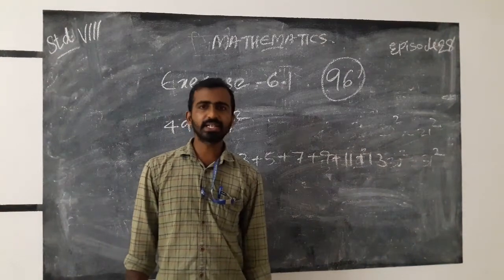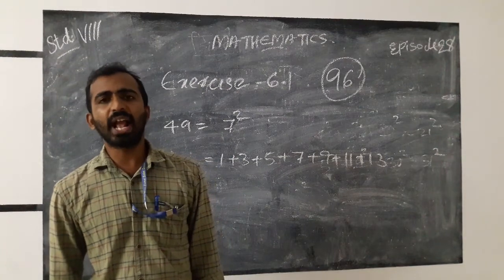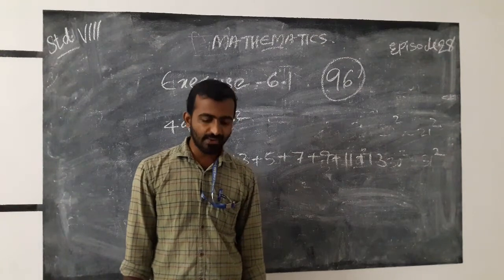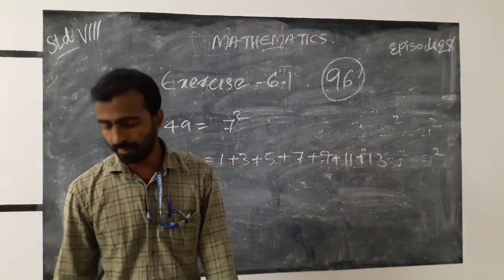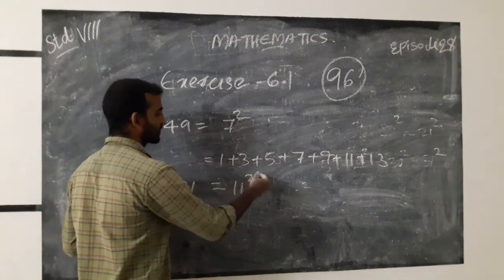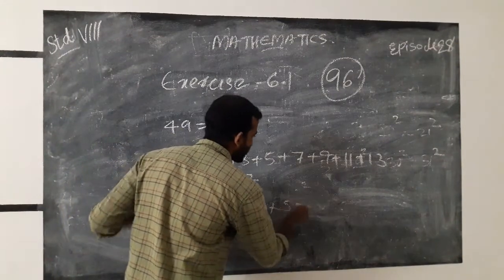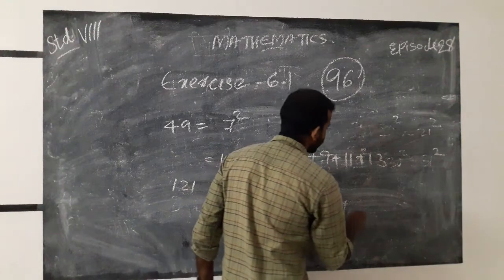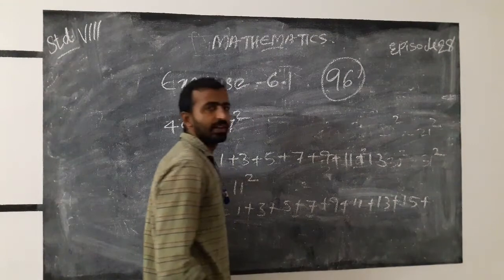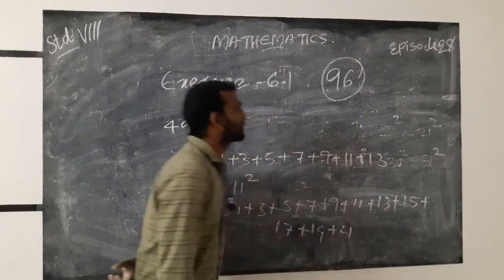And next one is 121. For this 121 we want to express it as the sum of 11 odd numbers. 121 means 11 square. That is we can write 1 plus 3 plus 5 plus 7 plus 9 plus 11 plus 13 plus 15 plus 17 plus 19 plus 21.